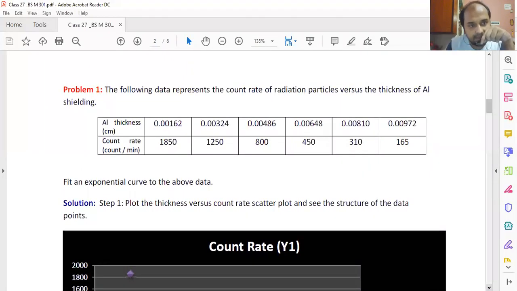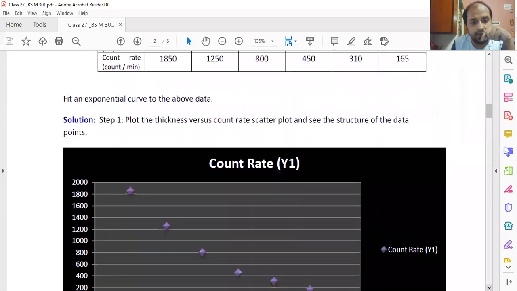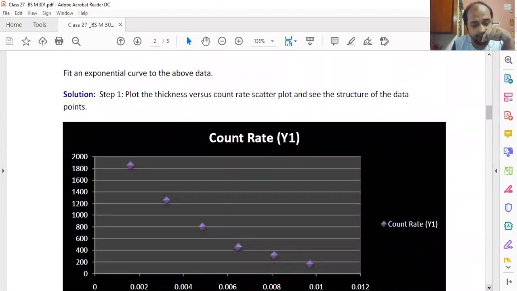Now, since I am trying to make you learn not only the technicality but also the analyticity of this particular chapter, let us see what you need to do. Okay, forget about the examination. To fit the exponential curve, as usual, you have to plot the scatter diagram and check it.